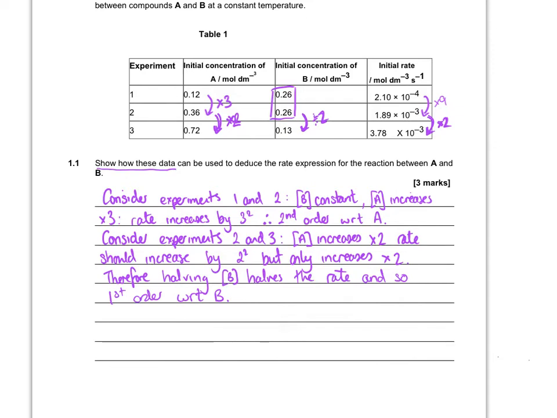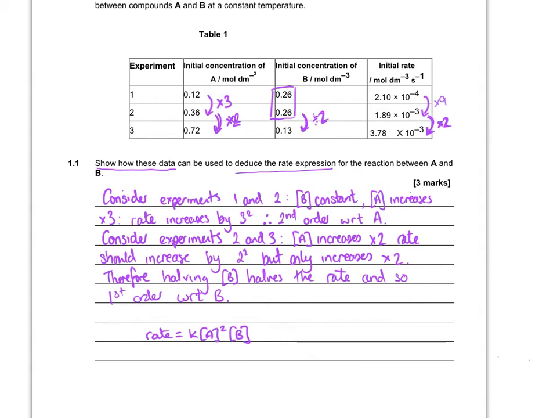Finally, we need to make sure we deduce the rate equation expression. So that is going to be rate is equal to k times the concentration of A squared, as it's second order, and times the concentration of B. We don't need to put a number in because that one's first order.